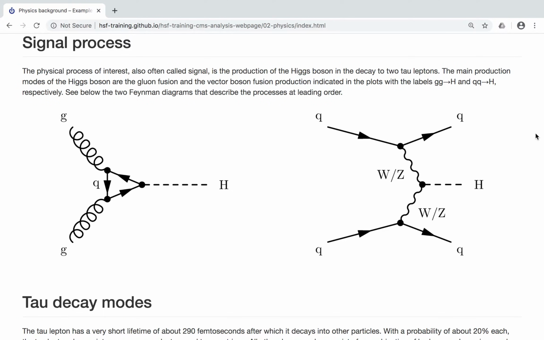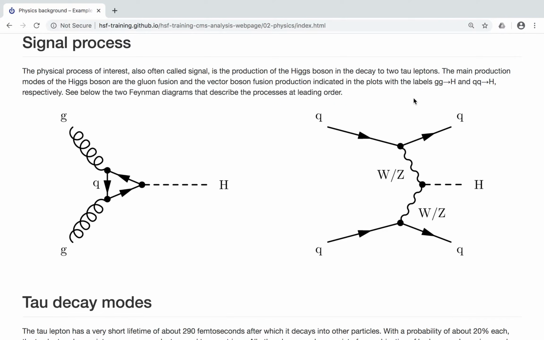We call the left plot GG to H, and the right plot QQ to H, because the left plot is taking gluons, making an H, and the right plot is taking quarks from your proton and making a Higgs boson. And these two processes are going to be simulated separately before combining them with all the other relevant processes.